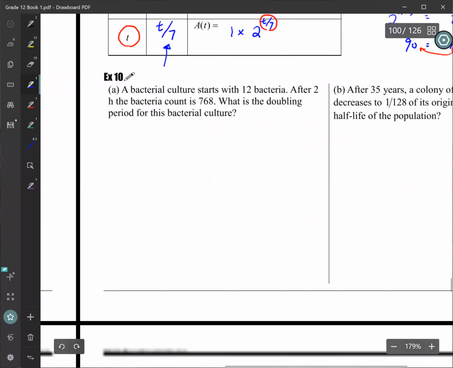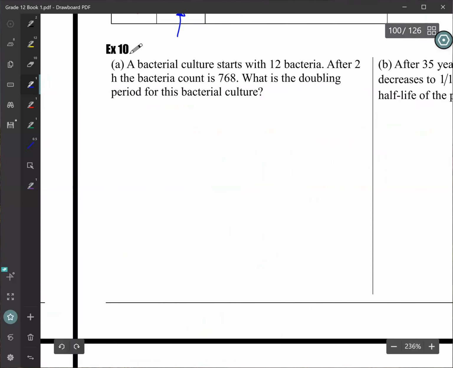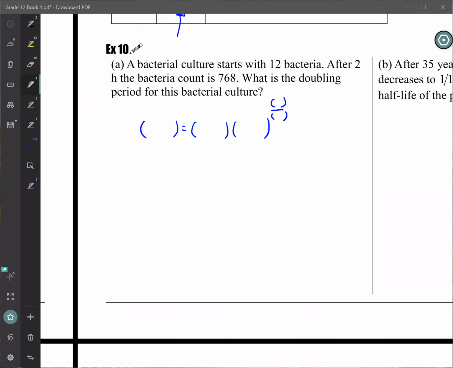Look at number 10. Okay, so you can begin by drawing the 5 blanks. All right, so once you filled in everything in the blanks, you don't need to solve it yet. Just put it in and you can raise your hand.